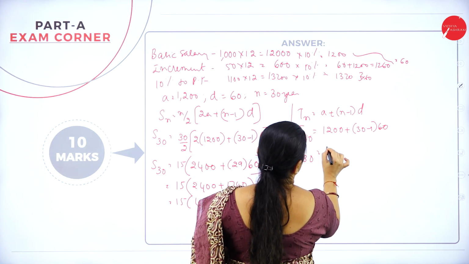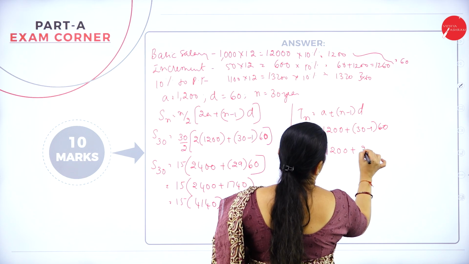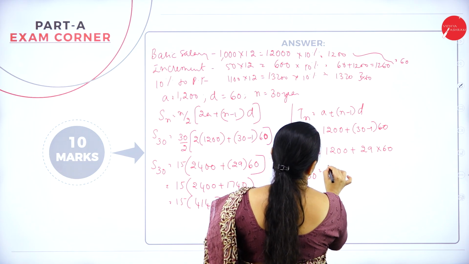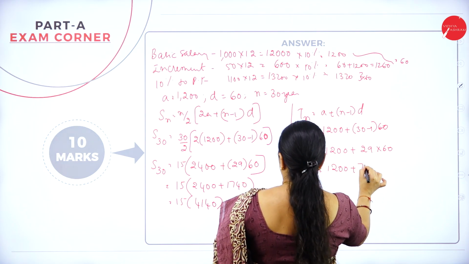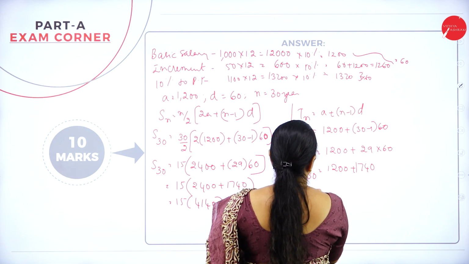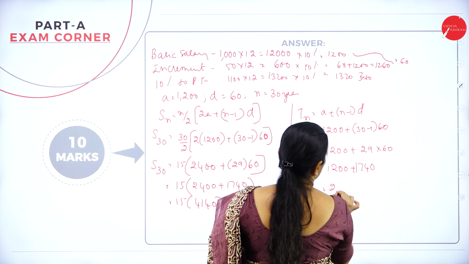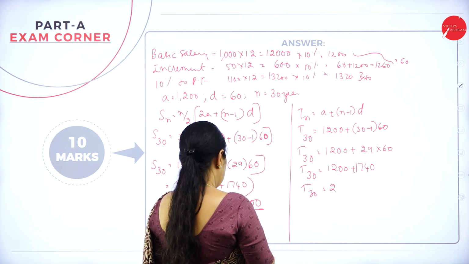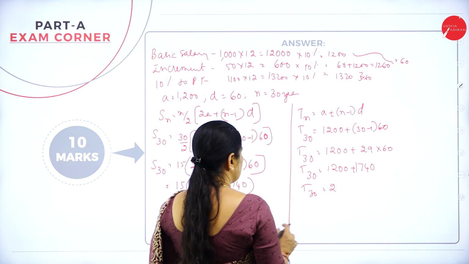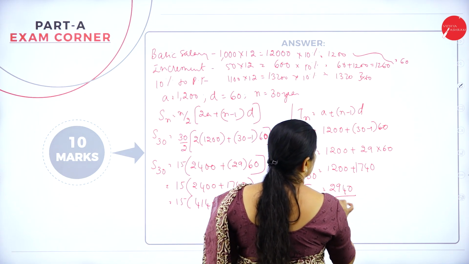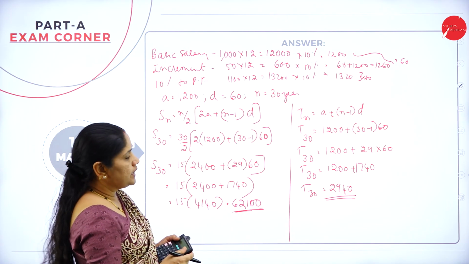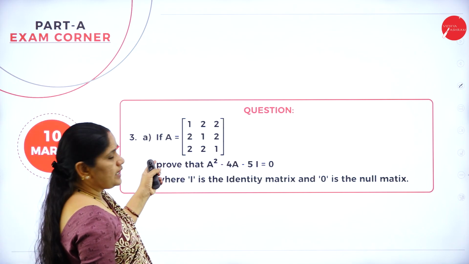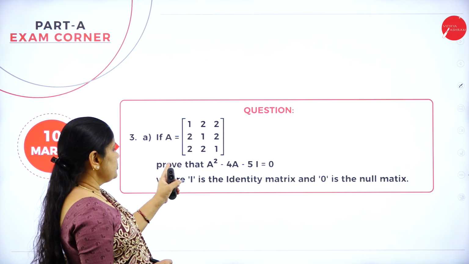So T30 will be 1200 plus 29 into 60, which is 1200 plus 1740, that is 2940. So in the last year he has contributed 2940 rupees.